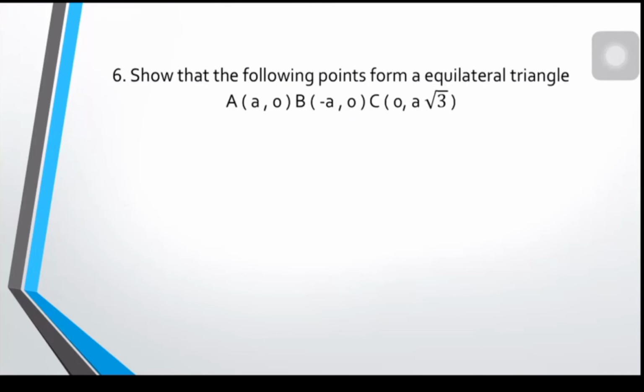Now sixth problem. Equilateral triangle. Show that the following points form an equilateral triangle: A comma 0, B minus A comma 0, C 0 comma A root 3. Now apply the distance formula to find the distances.